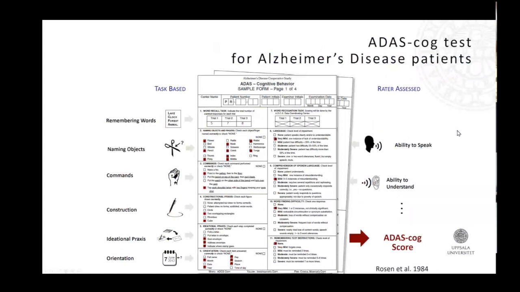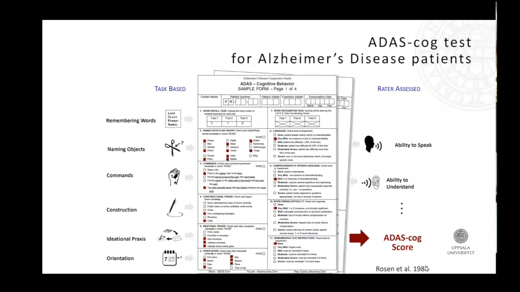So back to the main topic of today's webinar, and that is clinical outcome assessments. And in neurodegenerative diseases, maybe the most known clinical outcome assessment is the ADAS-Cog for Alzheimer's disease patients. As you can see here, it's celebrating 50 years next year, and it's still being used.